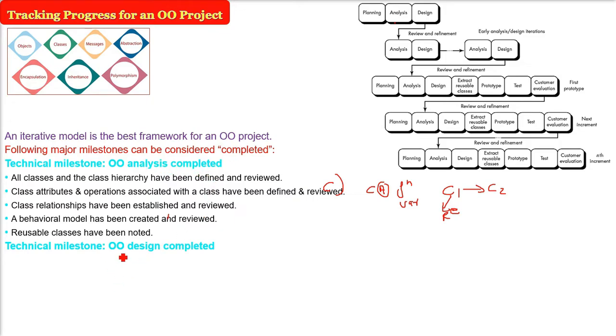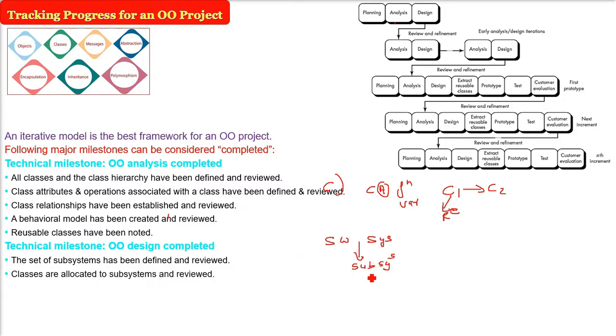The second milestone is the technical milestone of object-oriented design. Here the whole system is divided into subsystems, and these subsystems are reviewed. Then the classes are allocated to these subsystems and also reviewed.